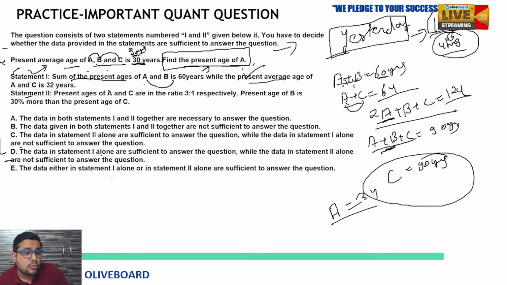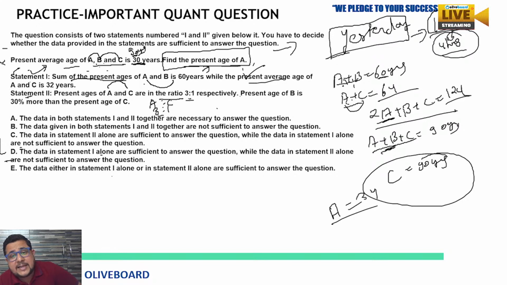Now statement 2. Present ages of A and C are in the ratio 3 is to 1. Are you getting the point, everyone?